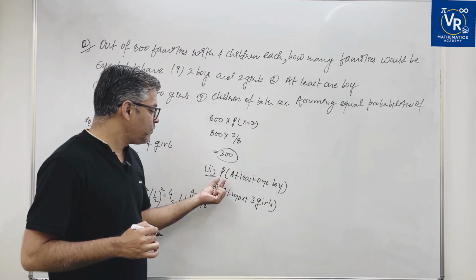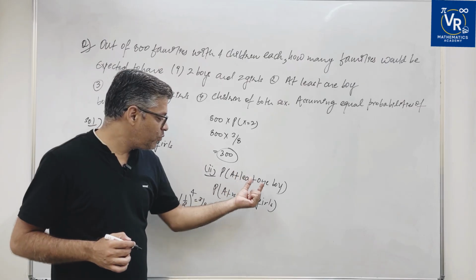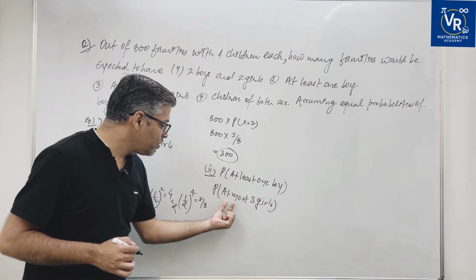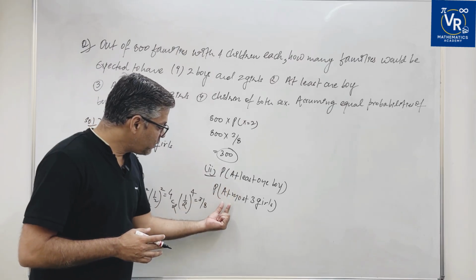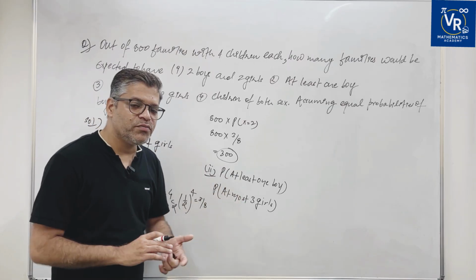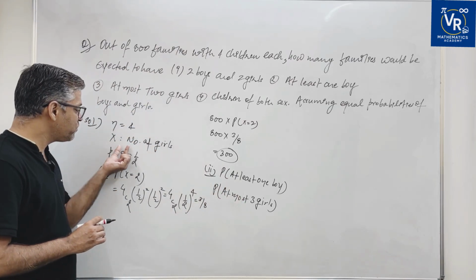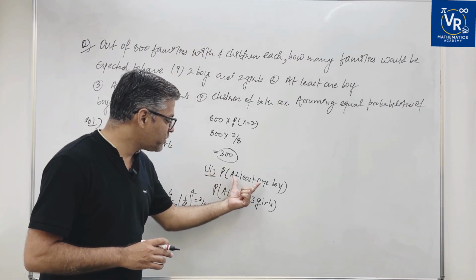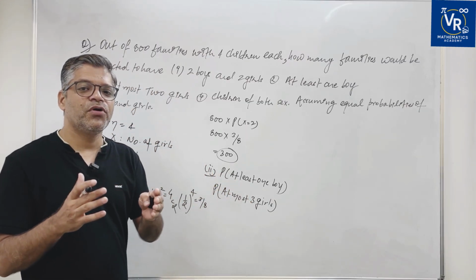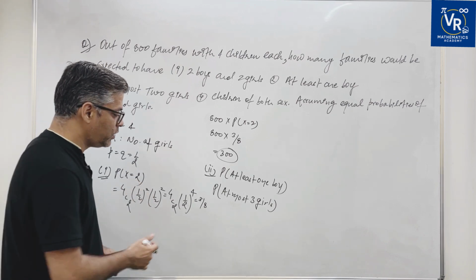So when we have to find out probability of at least one boy, this can be written as probability of at most 3 girls. Why do we write this as probability of at most 3 girls? Because the probability of success, we assume as number of girls. So we have to convert this statement in the form of number of girls. Then we can find out.